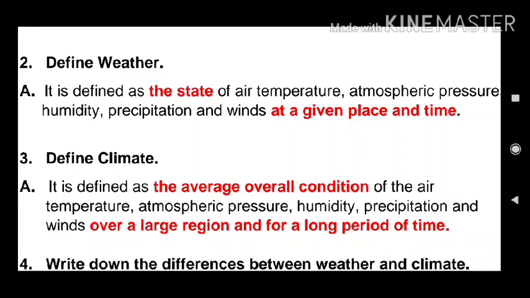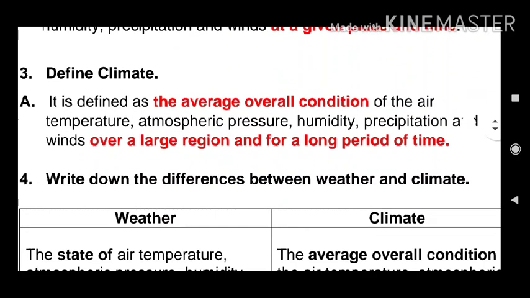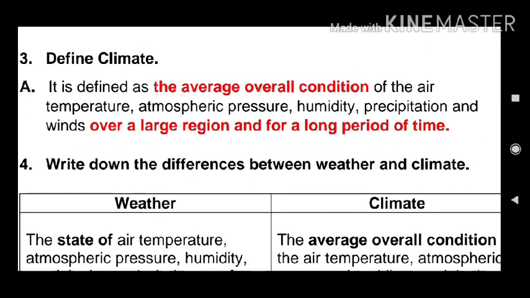Next one, define climate. It is defined as the average overall condition of the air temperature, atmospheric pressure, humidity, precipitation and winds over a large region, not at a particular place but over a large region and for a long period of time.